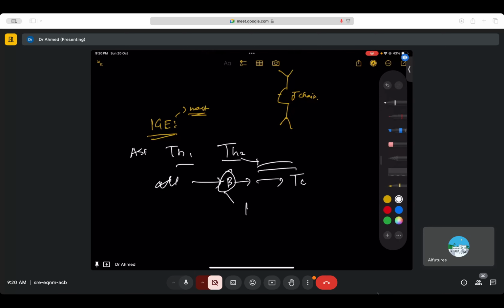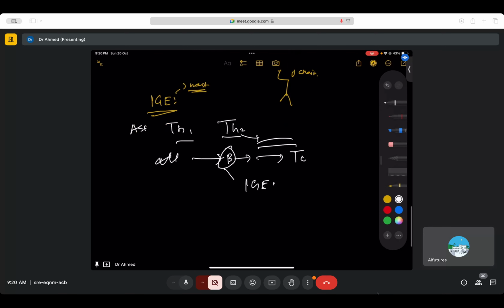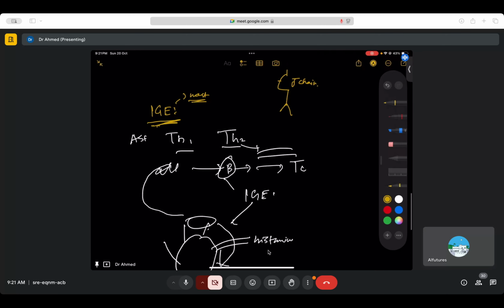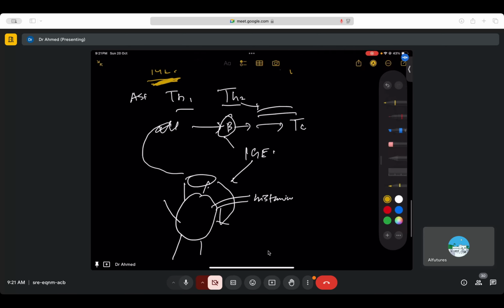You are going to see isotype switching, and IgE is formed. IgE attaches itself to the mast cells. Then on re-exposure, you see aggregation or cross-linking of this IgE, and ultimately histamine is released. So it's a TH2 response and plays an important role in type 1 hypersensitivity, right?